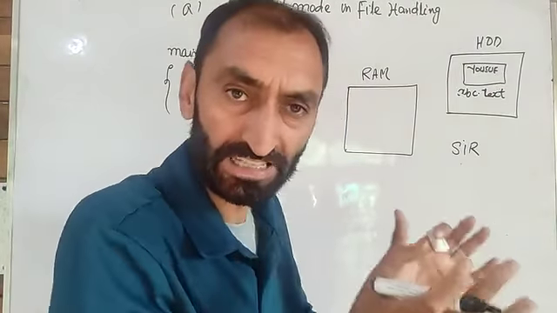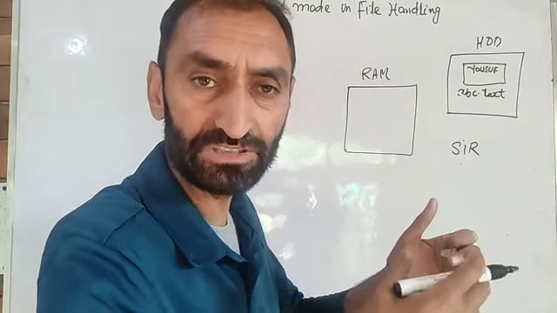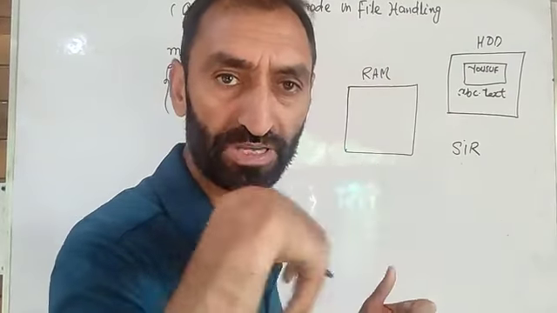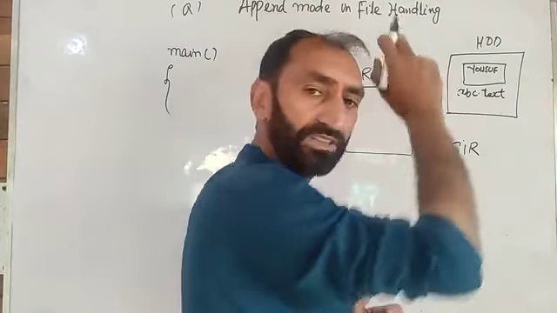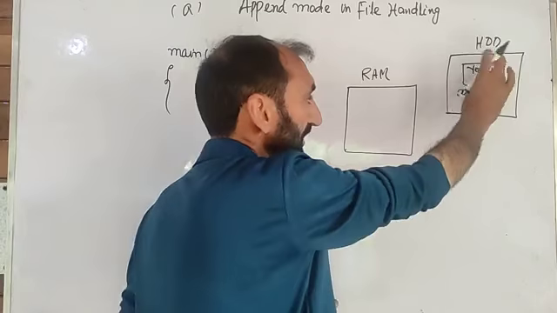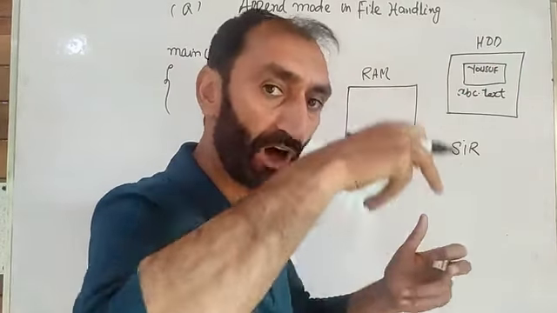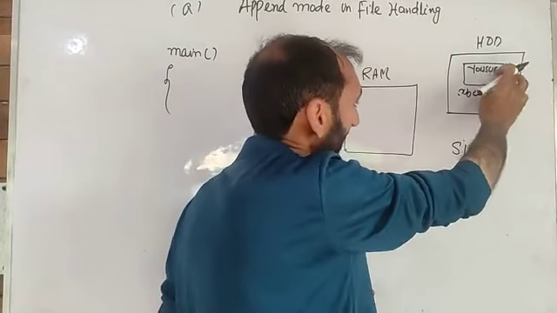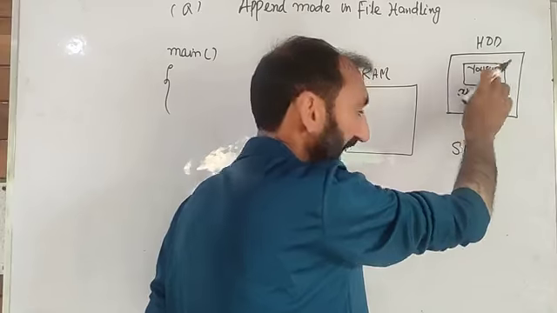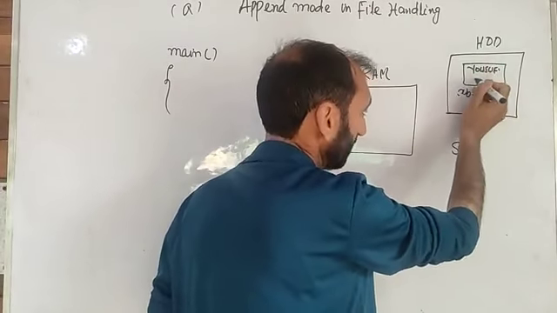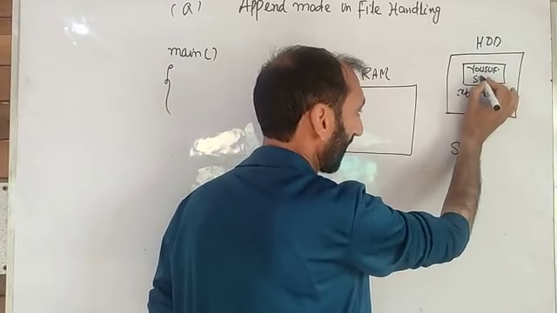That means write mode is a sort of overwriting. The previous contents are overwritten and new contents are written. But we don't want that. We actually want the contents already present in the file to be retained, and in addition to that, I want to add Sir. That means my new content must be Yousuf Sir.